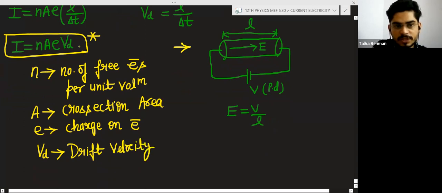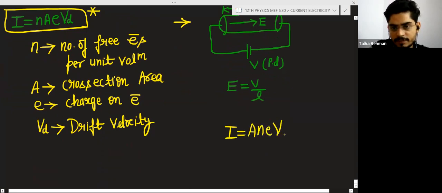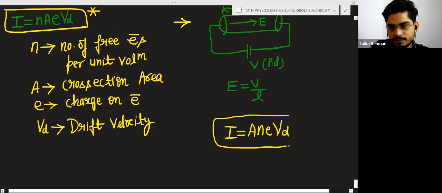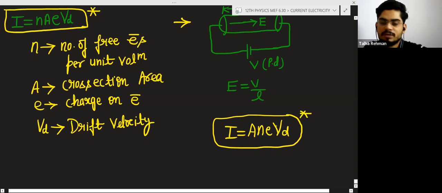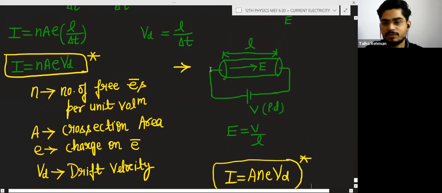You should remember all the terms here. I is equal to n A e V d. And I will write this as I is equal to A n e V d, because I learned this formula in this form from the 12th class. You can write as you want.